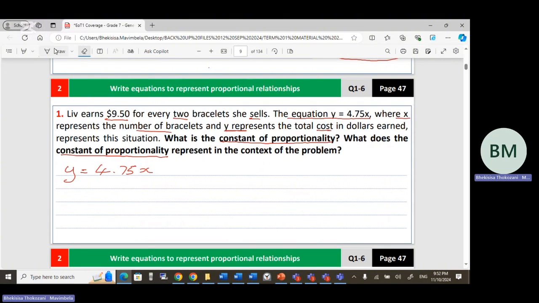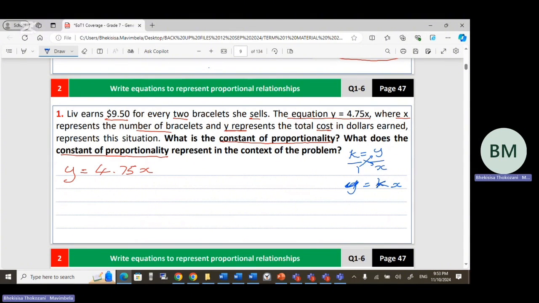But if I want to write it as an equation, now I want to make y the subject of the formula, I can do cross multiplication like this. So now I know that y is equal to kx.